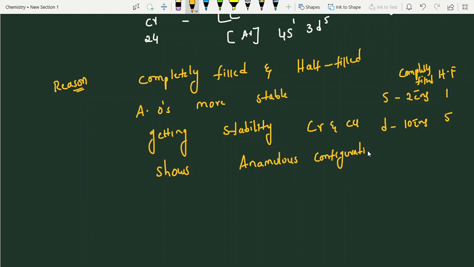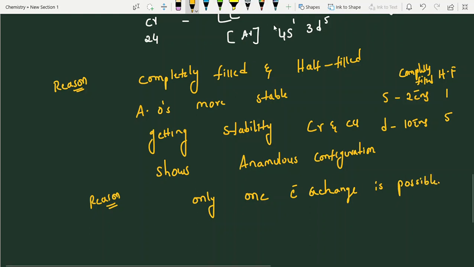Why not other cases? The reason is only one electron jumping is possible. Only one electron exchange is possible. Other cases would need to move more than two electrons, and that is not possible, right? That's it, students. Expected 4s2 3d4, but this is exactly half-filled, getting more stability.